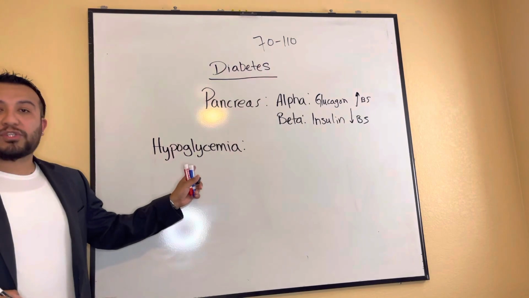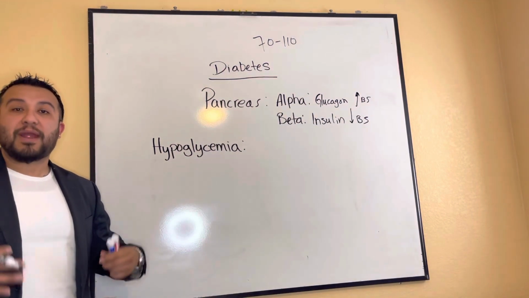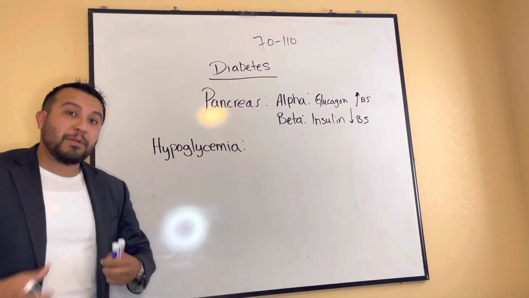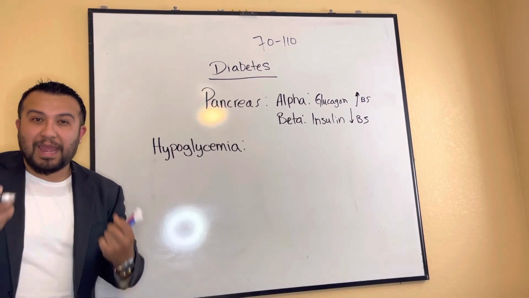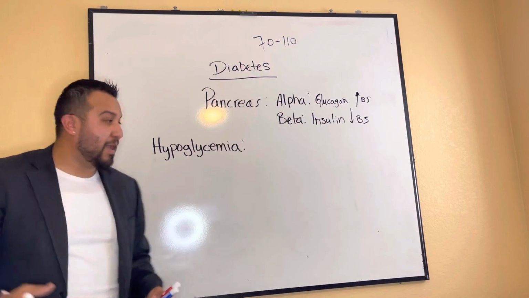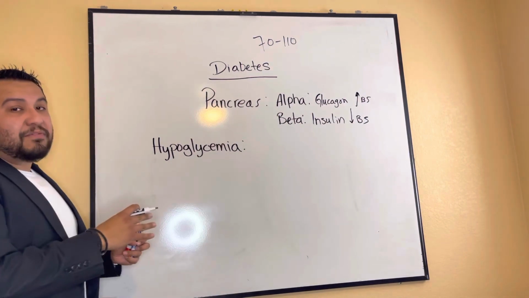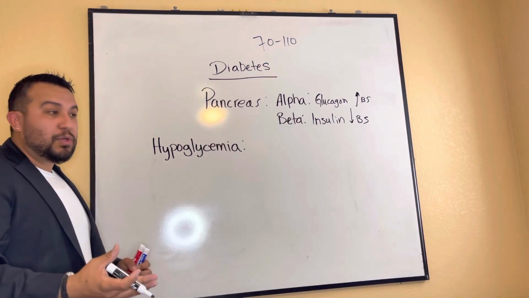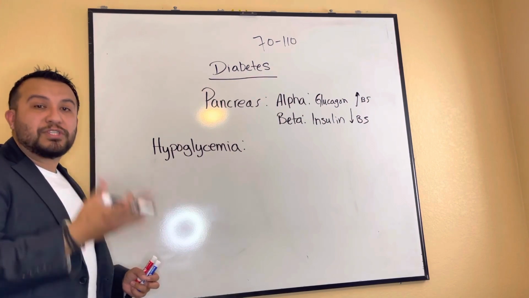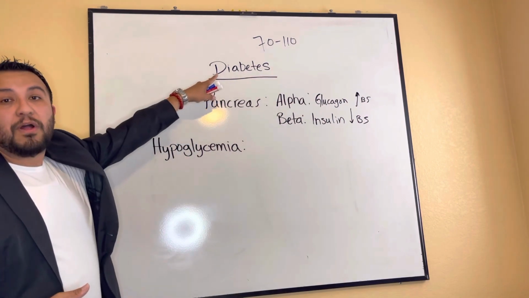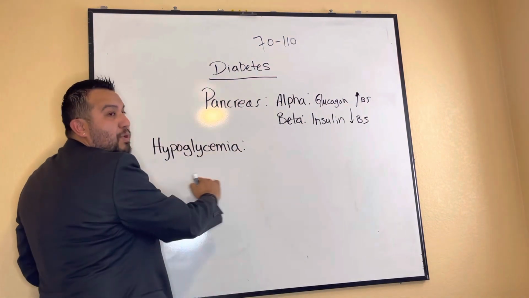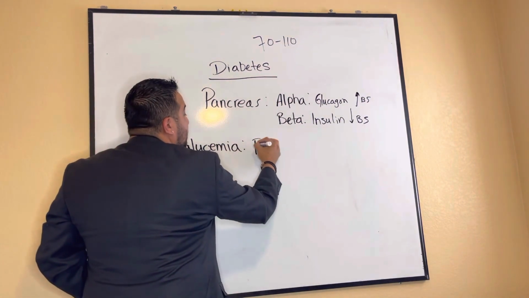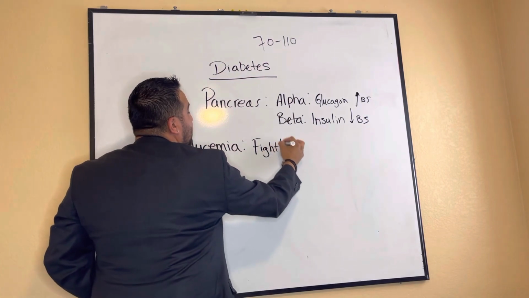So we said that sugar is required for cellular activity, right? For our cells to be able to utilize the glucose for action, for metabolism, for the cells to work, right? Well, your body activates a different mechanism so it can generate some type of energy when the glucose levels fall below the therapeutic values. And when that happens, you can think about hypoglycemia as essentially fight or flight.